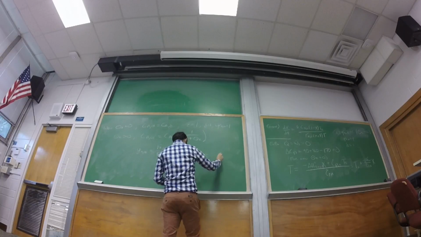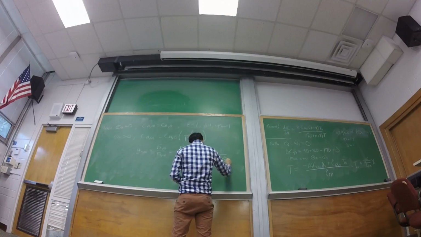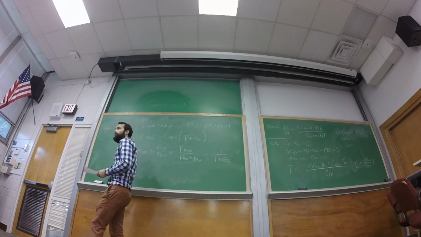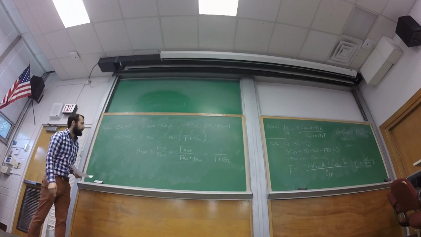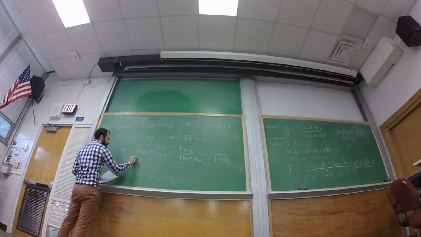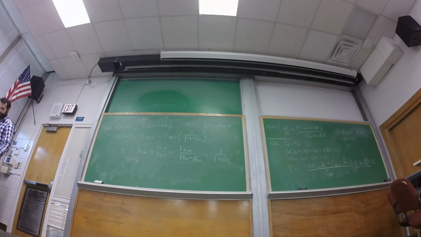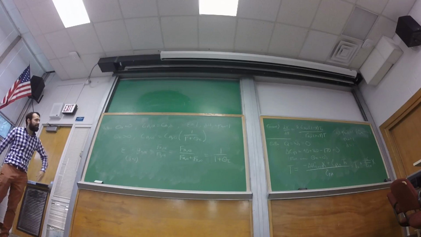And I can rewrite that in terms of theta I. And so that is all equal to epsilon because delta is equal to unity. Okay, so that's the design equation.